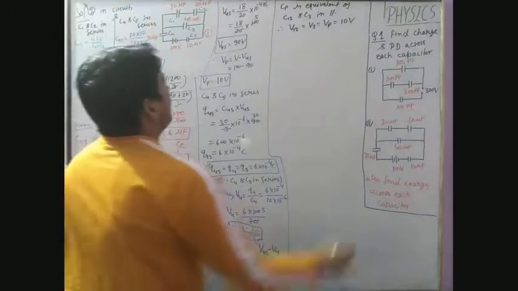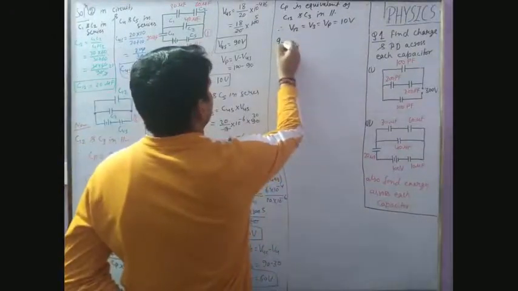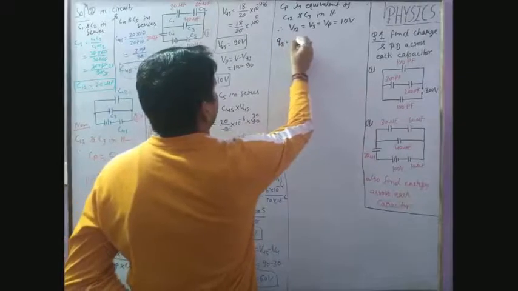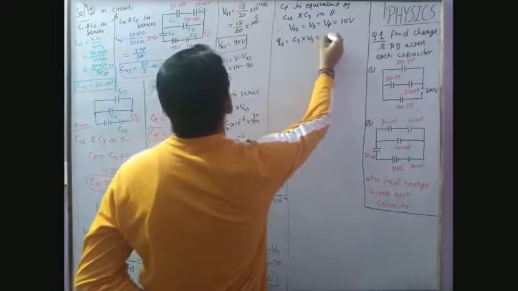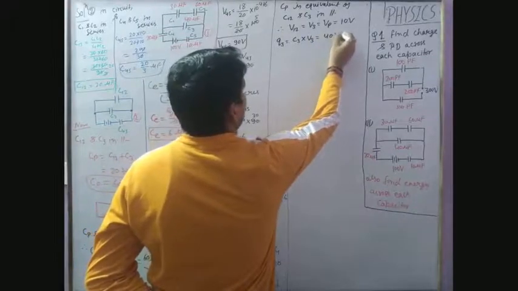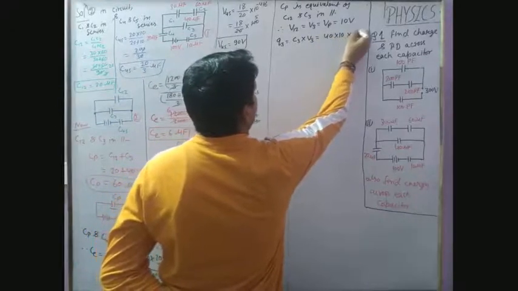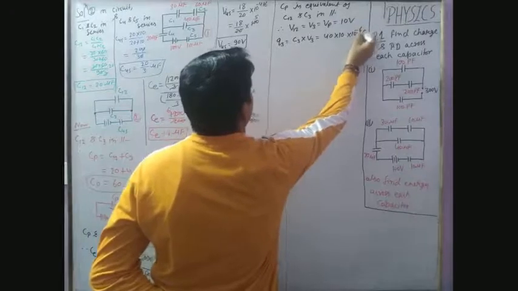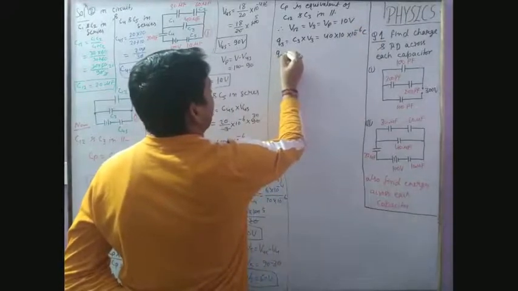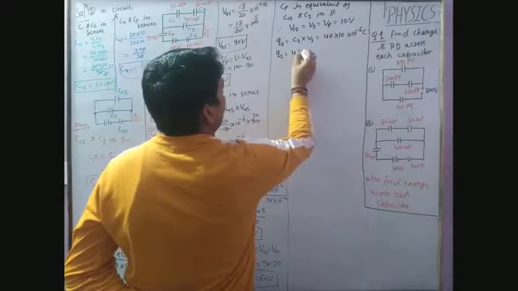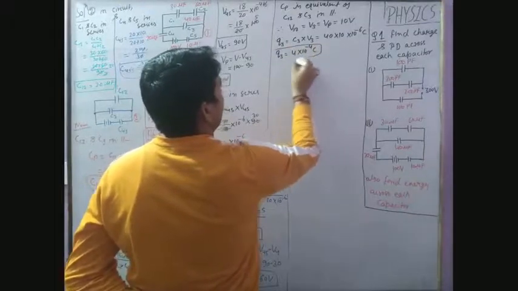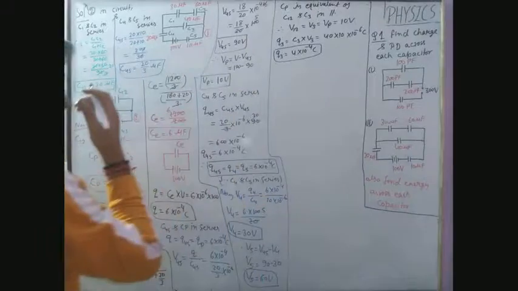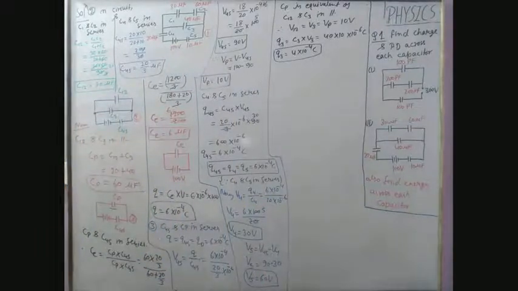Okay, now Q3 is equal to C3 into V3, which is equal to 40 into 10 into 10 to the power minus 6 coulomb. Therefore you will calculate that 4 into 10 to the power minus 4 coulomb. This is the value of Q3.